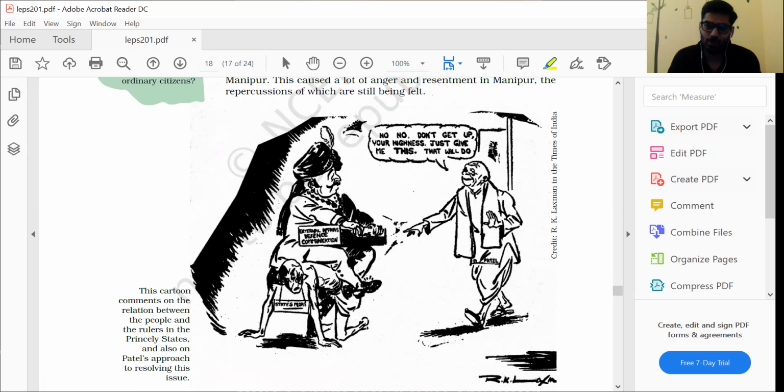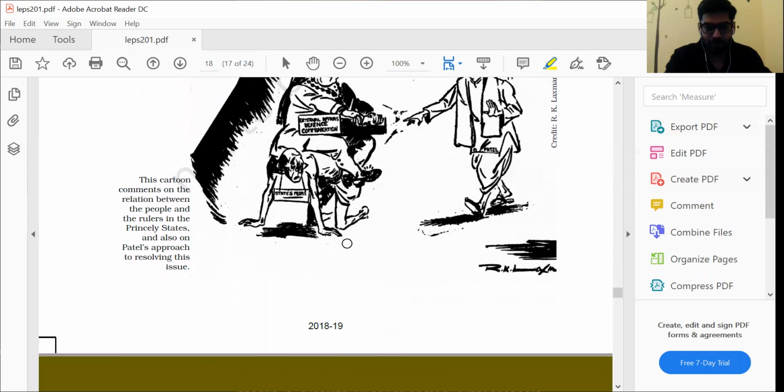Patel is saying, no, no, you don't need to do anything, Your Highness. He's addressing them with a lot of respect and saying, give me your external affairs, defense, and communication. Now, if a state does not take care of its external affairs, communication, and defense, it means the state is under somebody else. So he is actually making them surrender their sovereignty. Okay, so Patel made them surrender their sovereignty.